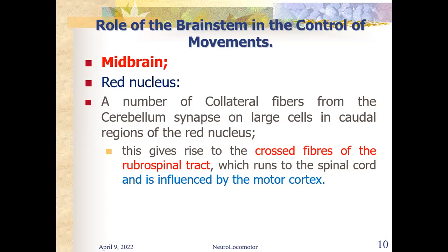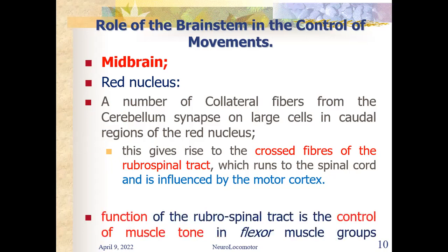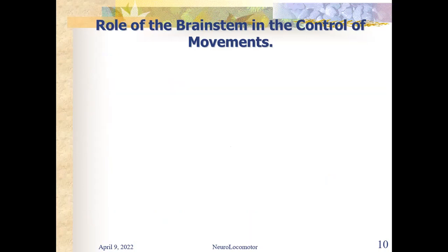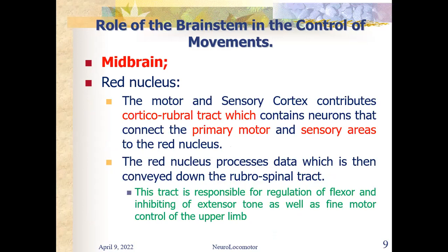So we have these structures, the red nucleus being number one. Then we also have the superior and inferior colliculus being number two. All these structures are located in the midbrain of the brainstem. The function of the rubrospinal tract is to control muscle tone in the flexor muscle groups. It's the same thing I have said here: that tract is responsible for regulation of flexor and inhibition of extensor tone, as well as fine motor control of the upper limb.